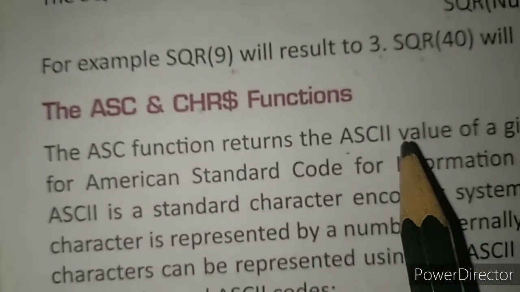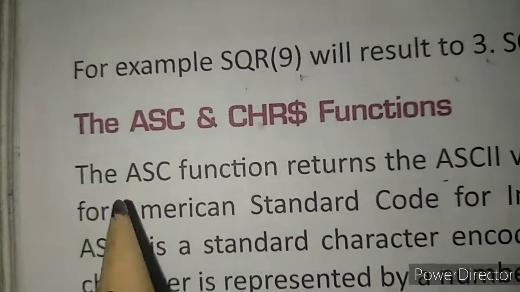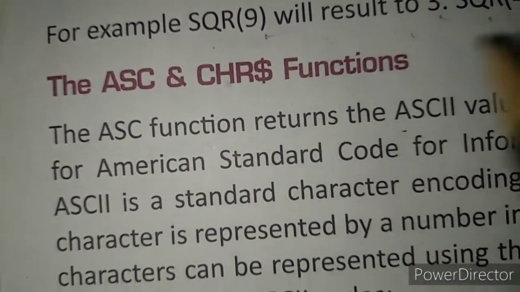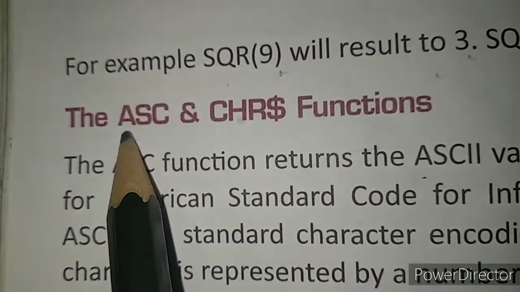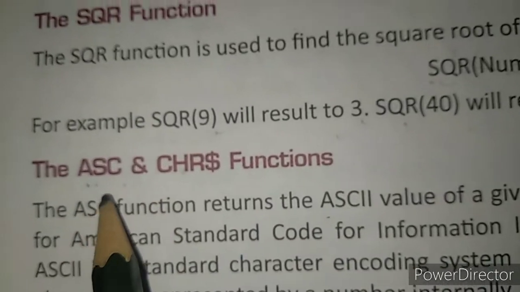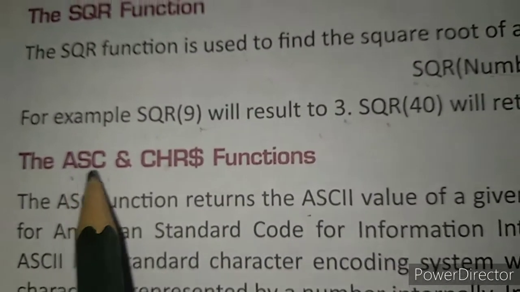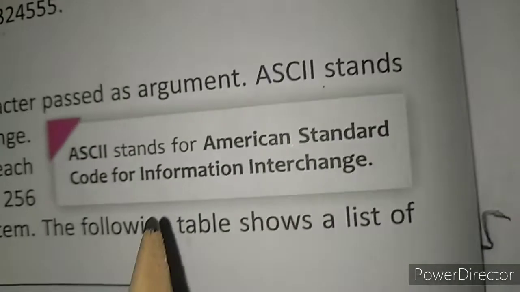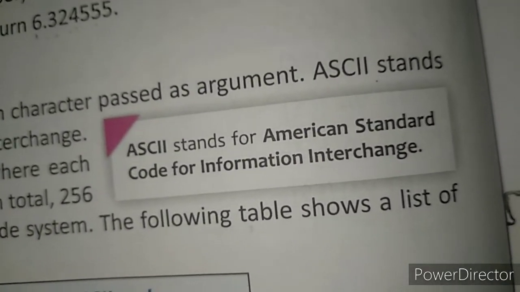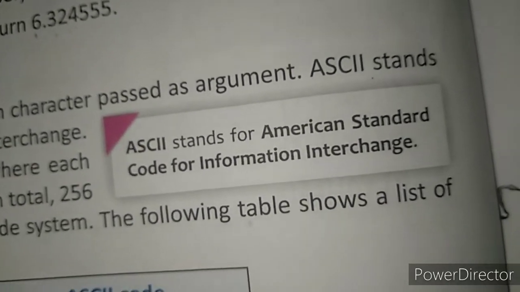Okay. Now the next functions are the ASC function and the CHR function. Let us see what these are. The ASC function returns the ASCII value. First of all, you should know what ASCII is. Each and every character is represented by a special combination of digits, and this is known as the ASCII code.